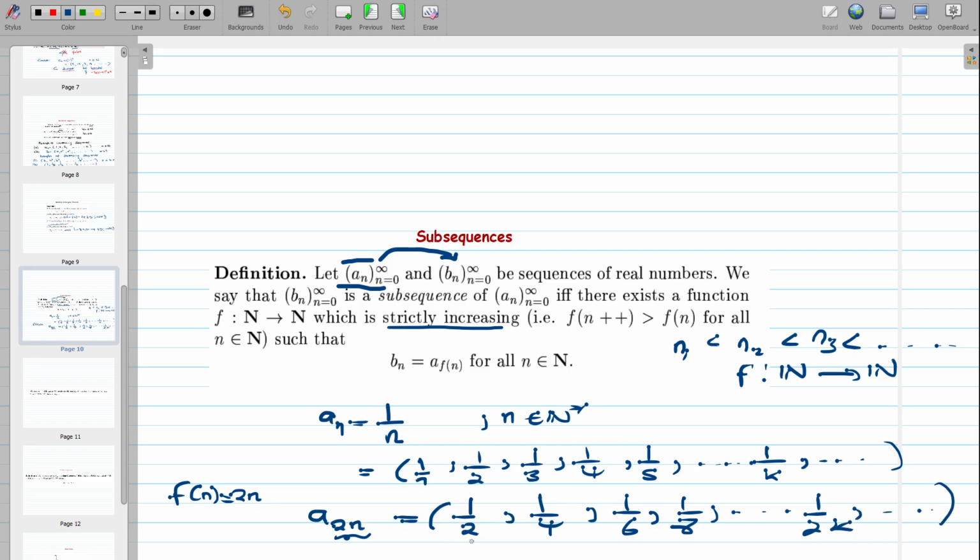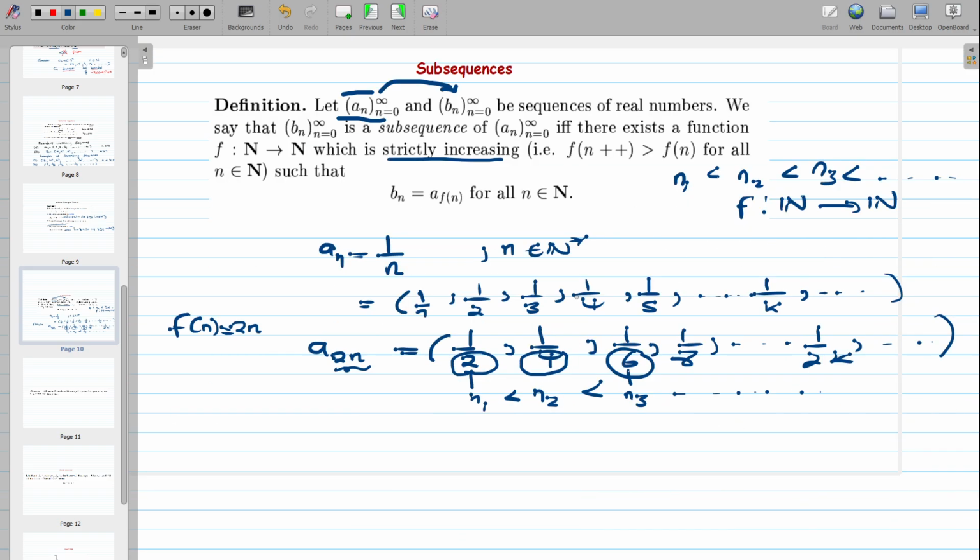If you look at this value, this 2 is my n1. This number here is my n2, and we see that n1 is less than n2. Same thing here, this is my n3. Let me circle it, and we observe the same pattern here.